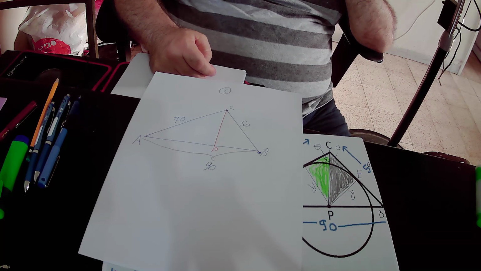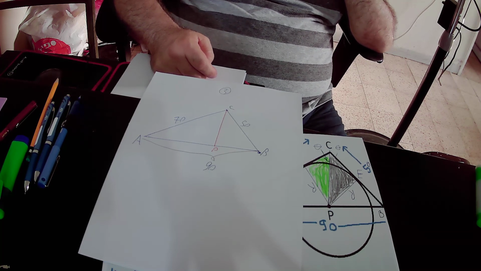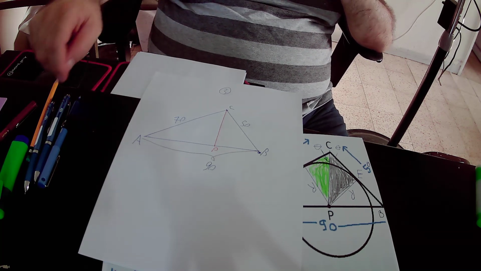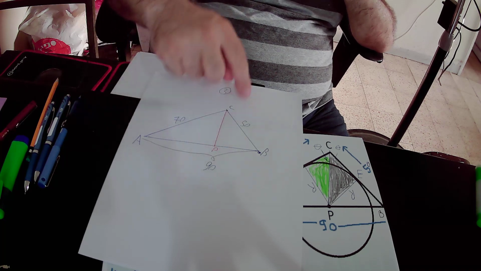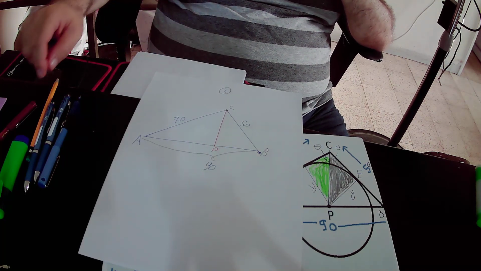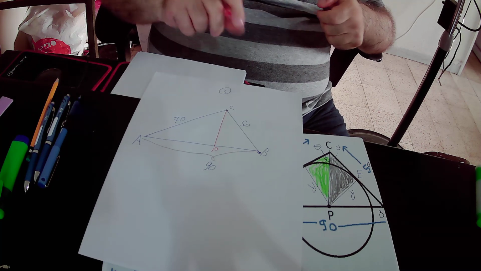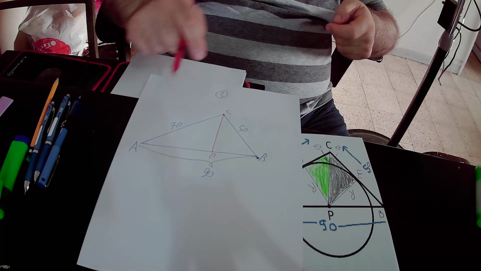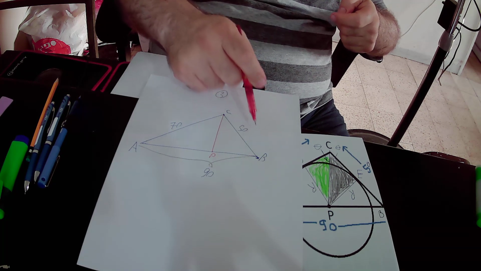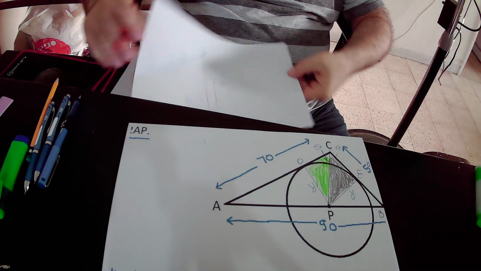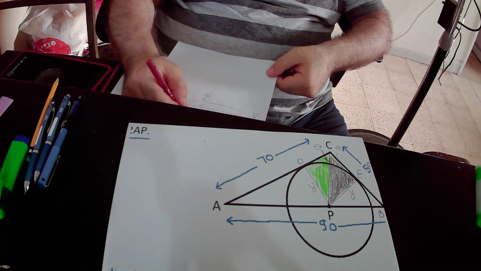And actually we have a line CP that splits angle ACB into two halves, because this angle is theta and this angle is also theta.